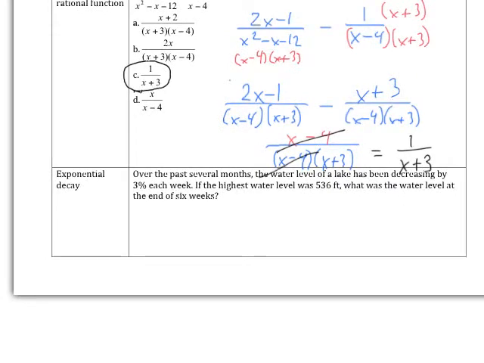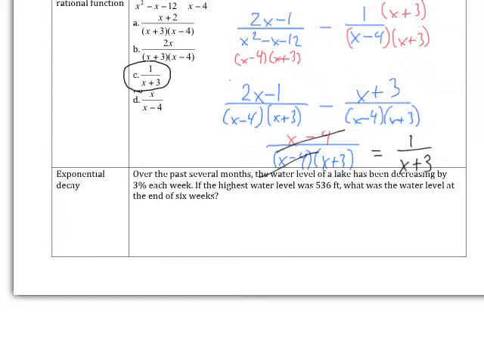Exponential functions, exponential growth and decay was something that we've discussed. Let's see, over the past several months, the water level of a lake has been decreasing by 3% each week. If the highest water level was 536 feet, what was the water level at the end of 6 weeks?